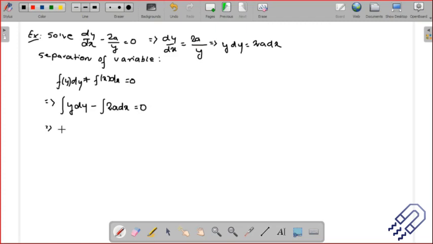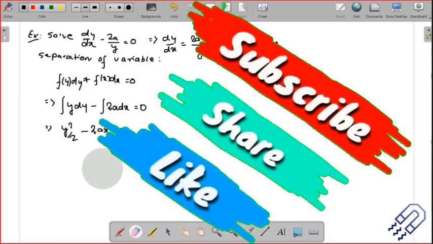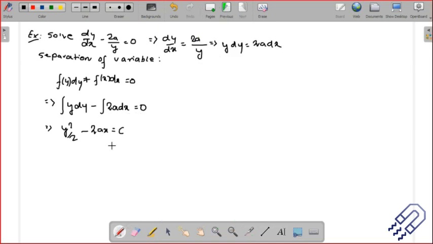When you solve it, this is y square divided by 2 minus 2ax is equal to 0. Since we are integrating and we don't have any boundary condition as such, I'll just put the limit as c. I think that is okay. So you can just cross multiply this, and you get y square is equal to 4ax plus 2c.